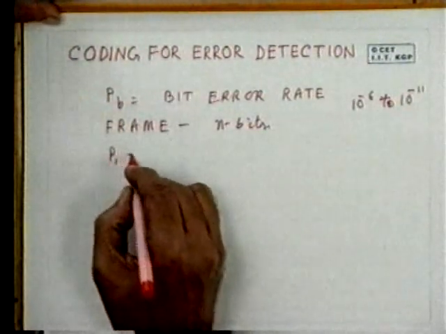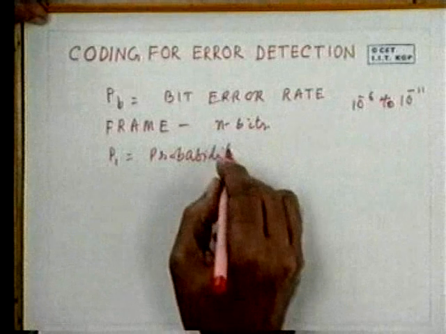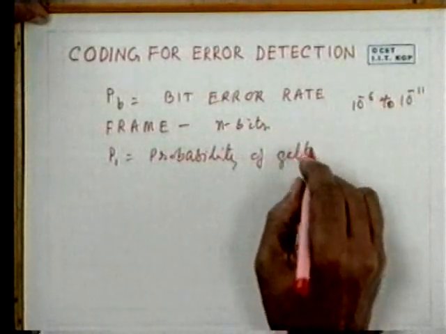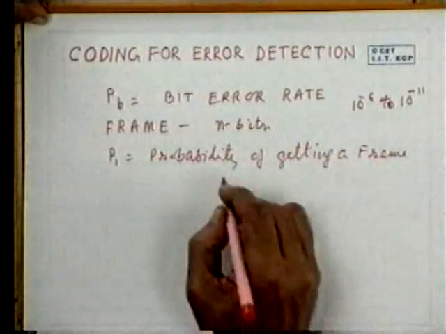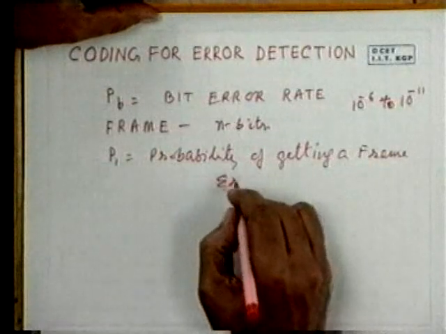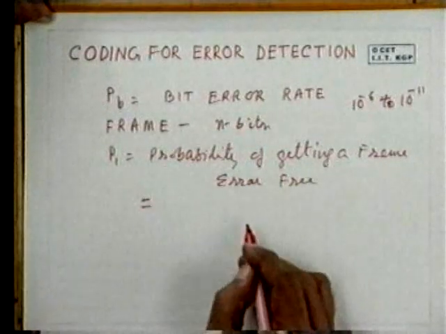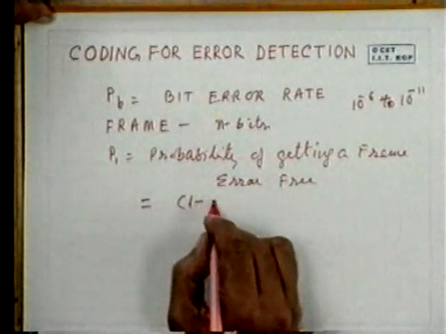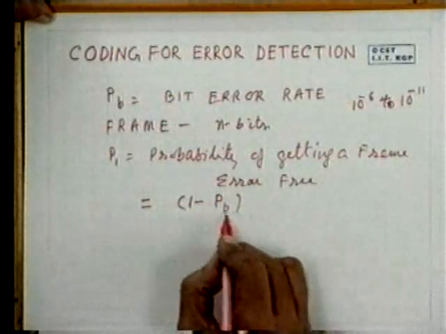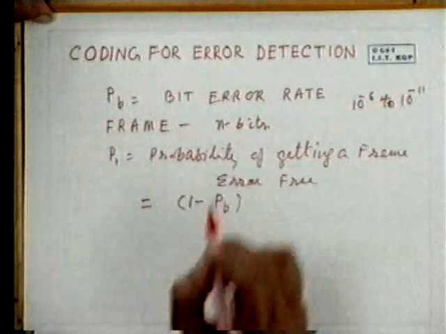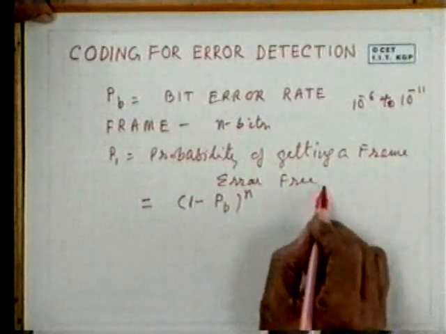Say P1 is the probability of getting a frame error free. What is the value of this? This is equal to (1 minus PB) to the power n. 1 minus PB is the probability of getting 1 bit without error, and you are sending n bits, so (1 minus PB) to the power n is the probability of getting a frame error free.